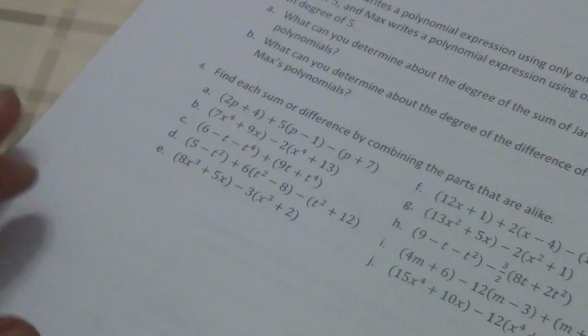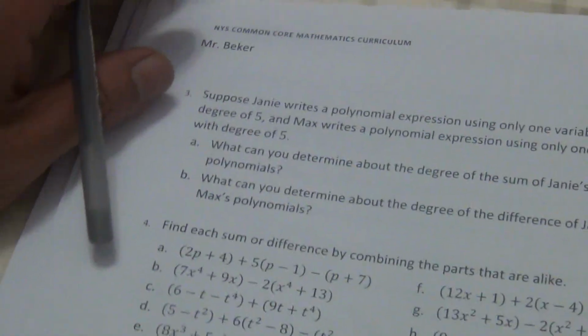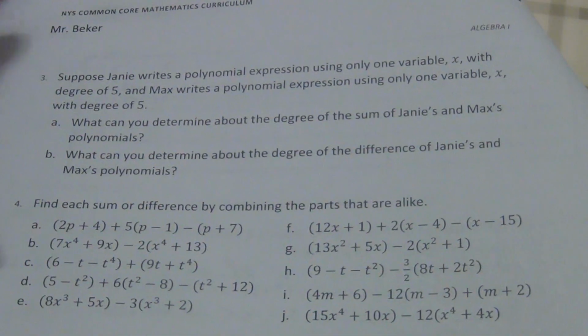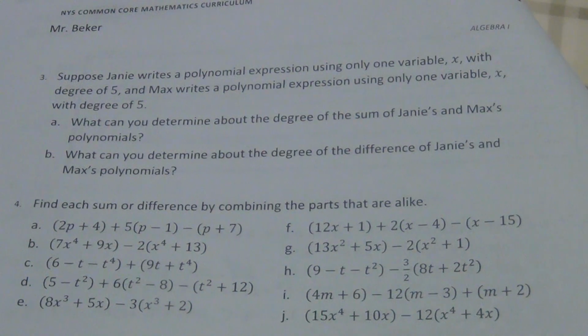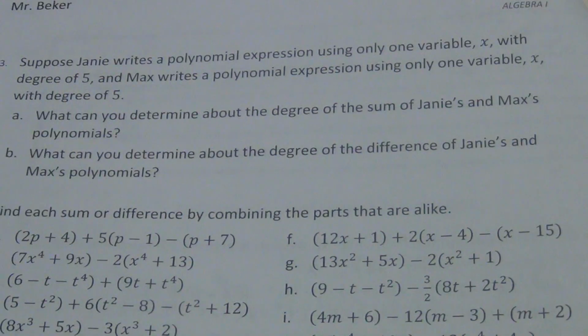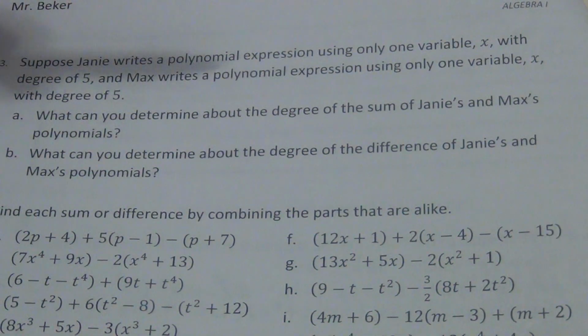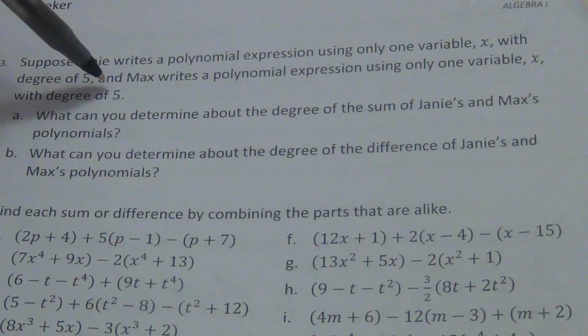Alright, so let's see now. Okay, number 3. Suppose that Jenny writes a polynomial expression using only one variable x with degree of 5. And Max writes a polynomial expression using only one variable with degree 5.